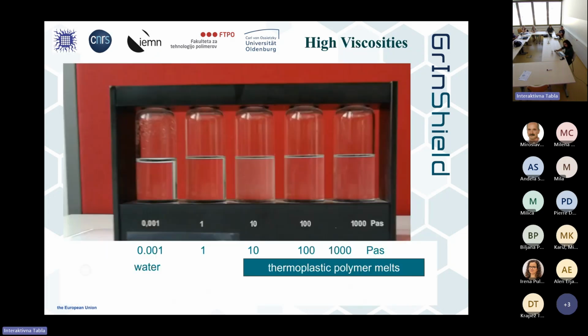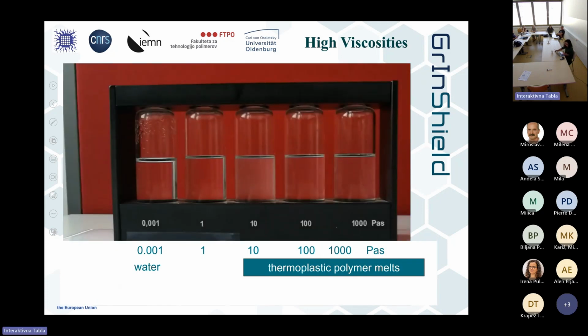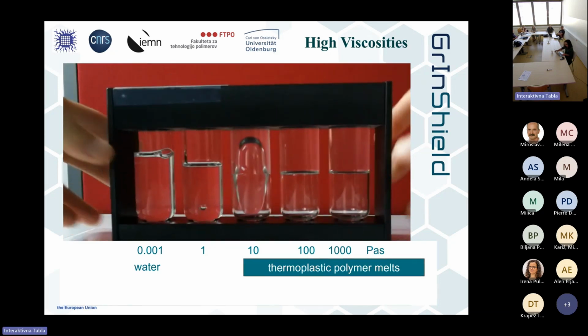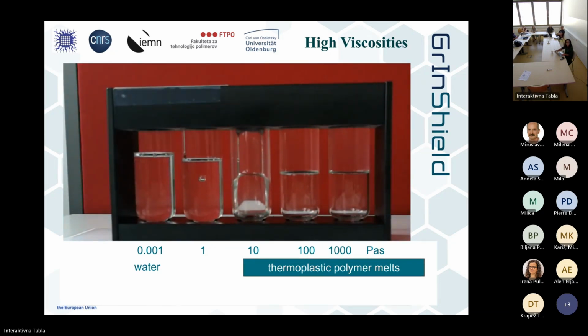And here you see now viscosities. Look here, water immediately changes with 1 Pascal second. It's a low viscous liquid. 10 Pascal seconds, you see now it changed.